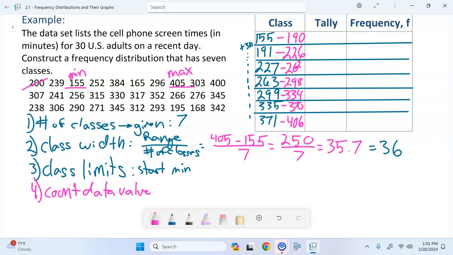So we cross off 200, and we put a tally mark in the second group. 239, which group is that going to go in? The third one. 155. The first one. 252. Third one again, so we have a second tally mark. Keep going. Tally them all up.